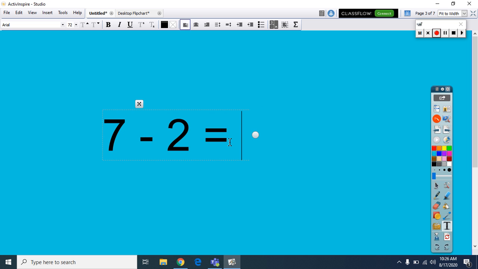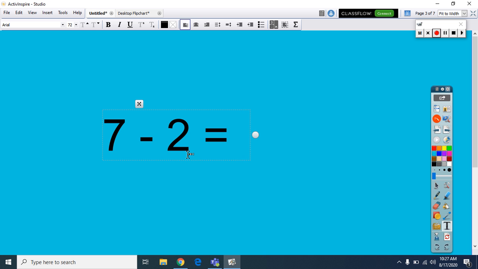Let's try another one with the count back strategy. Alright, so remember that big number goes in your head. 7 is the big number. And remember, since we're subtracting, that means we have to go backwards or go back. So we've got to go 7, and then we're going to have to count backwards from 7. So 7, 6, 5.